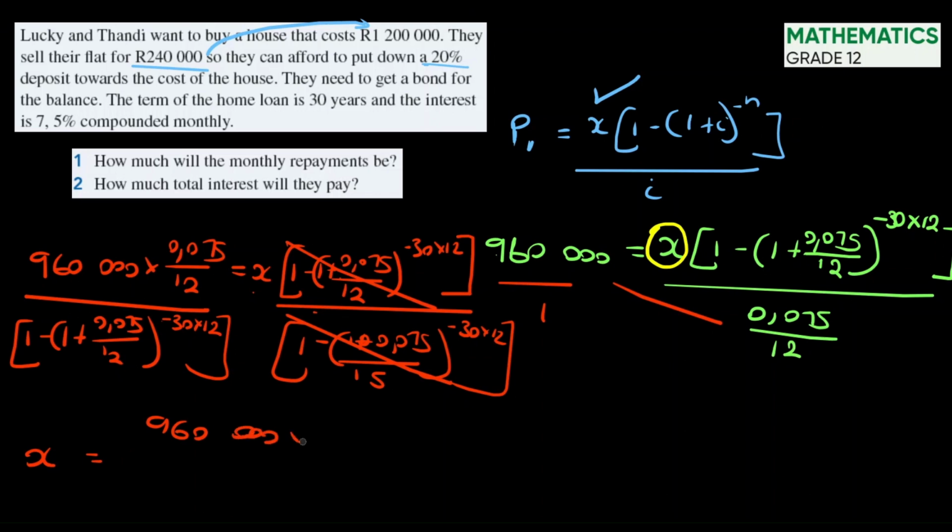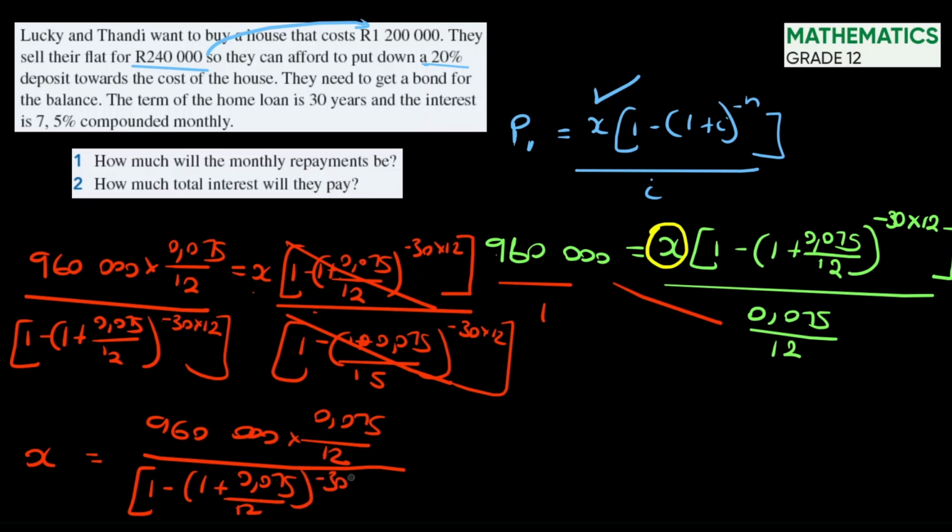960,000 times 0,075, all divided by 12, all divided by 1 plus 0,075, all divided by 12, to the power of negative 30 times 12.